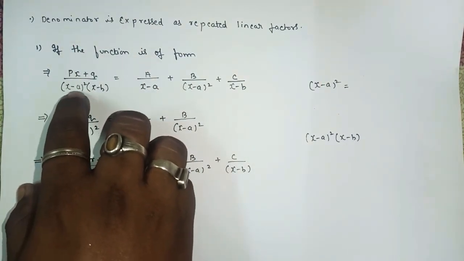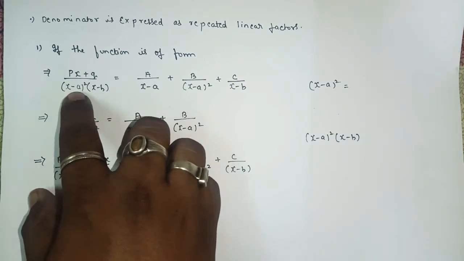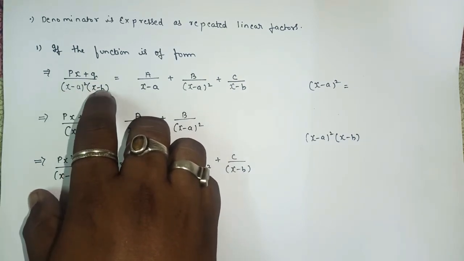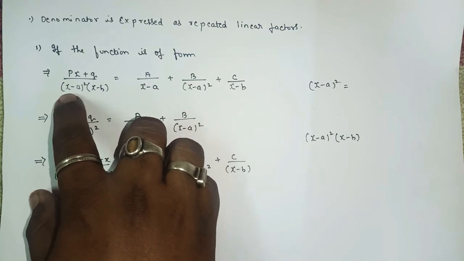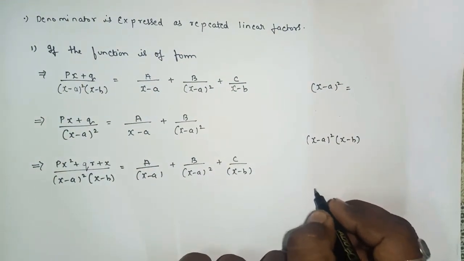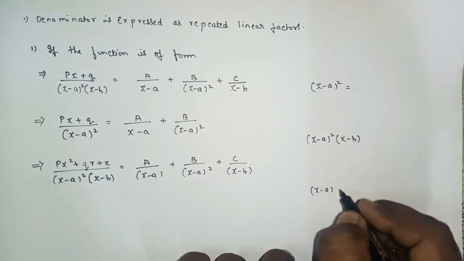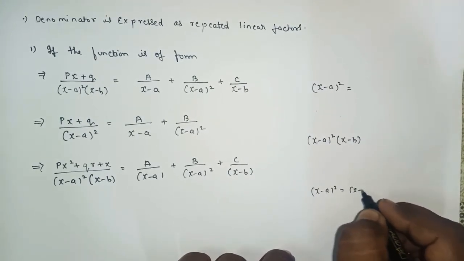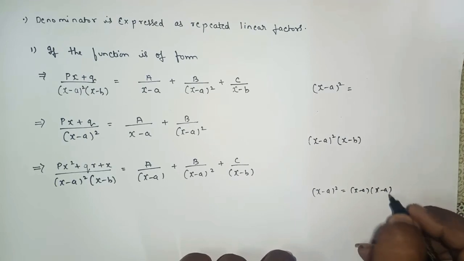Here we have the denominator (x minus a) the whole square and (x minus b). Can I say (x minus a) the whole square can be written as (x minus a) and (x minus a), yes or no?